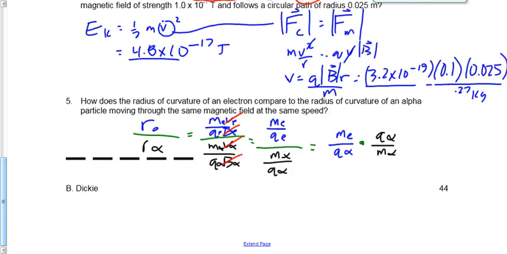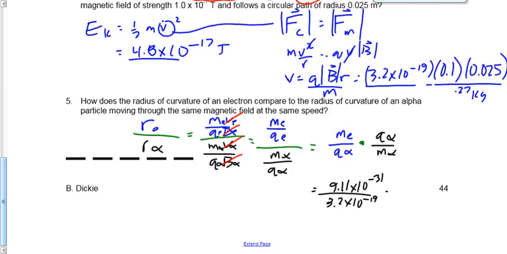Now we know all these numbers, right? 9.11 times 10 to the minus 31 divided by the charge of the electron, times the charge of the alpha particle, which is 3.2 times 10 to the minus 19. Wait a sec, what do we got here?